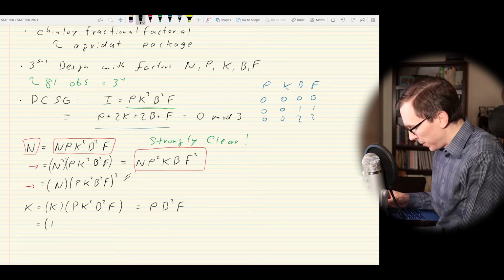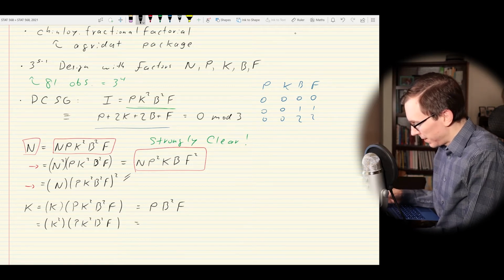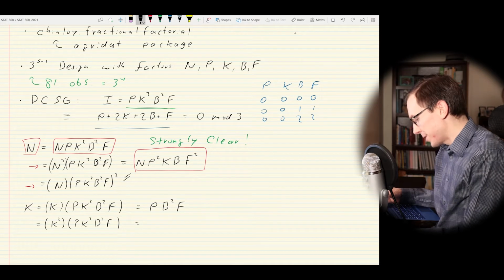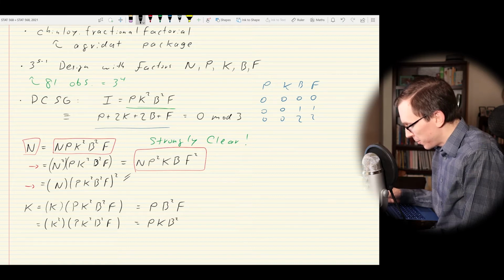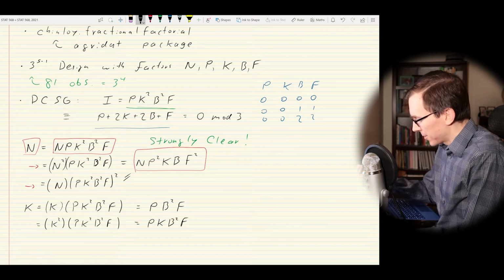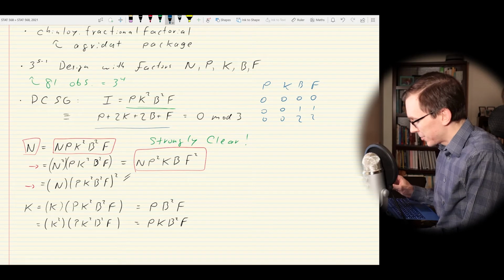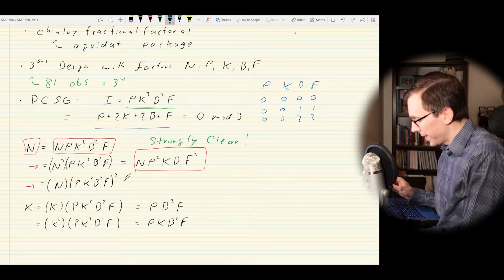And if we were to multiply this by k squared, p k squared b squared f, then what happens is we end up with a k to the fourth, which gets reduced mod 3 to just a k. Then we have p k b squared f. So again, that looks a lot like the thing in the defining contrast subgroup, but there's no k squared there.